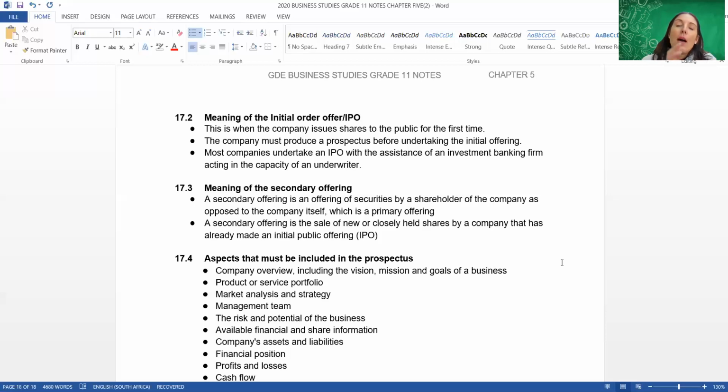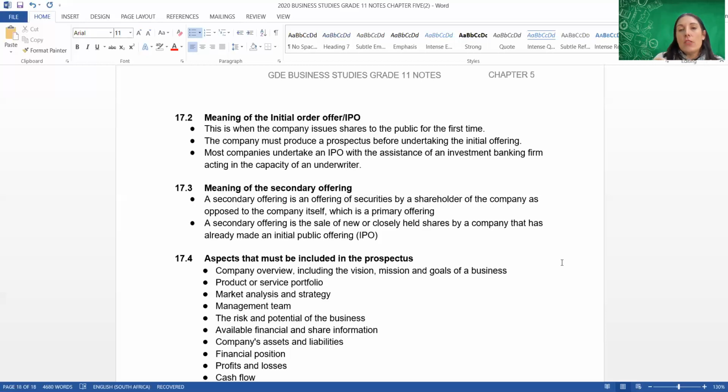Initially, the company will have to determine how many shares need to be sold in order to start this company. What they usually do with this IPO is contact, or get the help of, an investment banking firm or a financial institution.